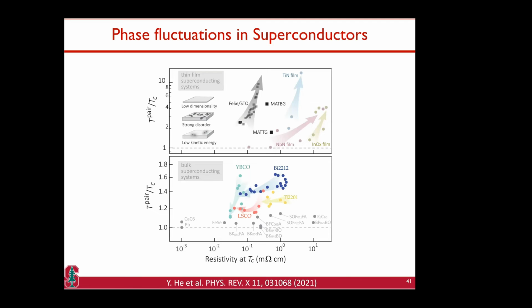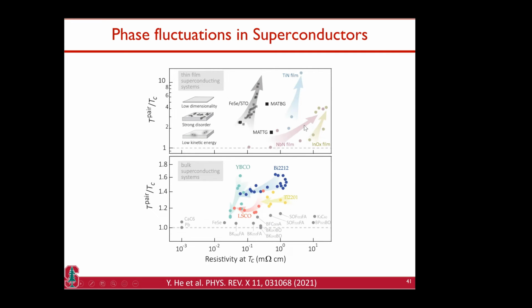Fluctuating superconductivity is a fairly generic phenomenon in low-dimensional systems with strong disorder or low kinetic energy. You can see various kinds of materials.